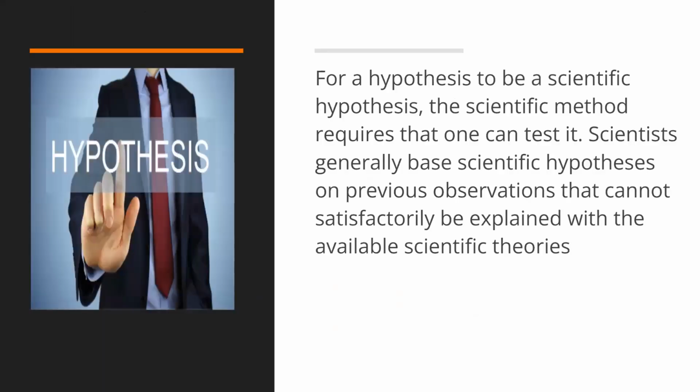Now, for a hypothesis to be a scientific hypothesis, the scientific method requires that one can test it. Scientists generally base scientific hypotheses on previous observations that cannot satisfactorily be explained with the available scientific theories.